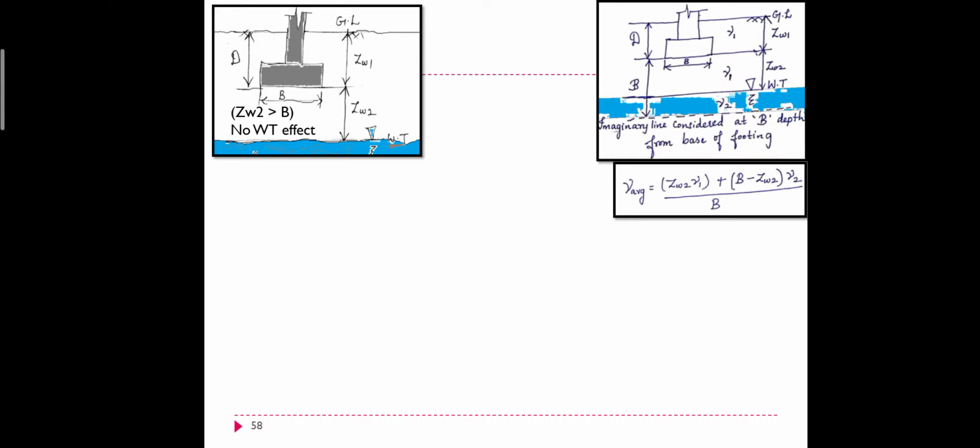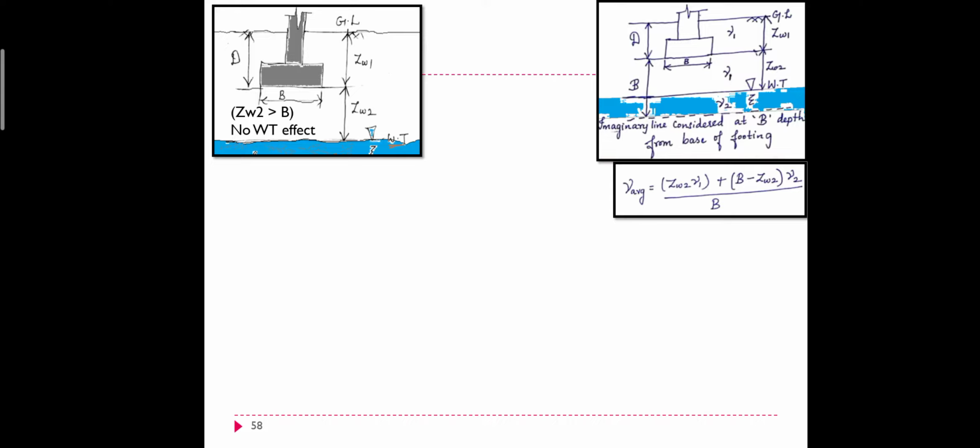Now how to find gamma average? ZW2 into gamma 1, that is the dry portion, the white portion below the base of the footing. How much? ZW2 into அதோட unit weight எவ்வளவு? Gamma 1, that is 1 plus you have to consider எவ்வளோ length-க்கு கீழே போகுதுன்னு. நமக்கு எப்போவுமே problem-ல் கொடுக்க மாட்டாங்க what is the maximum depth at which soil is present, they will not give in the question.